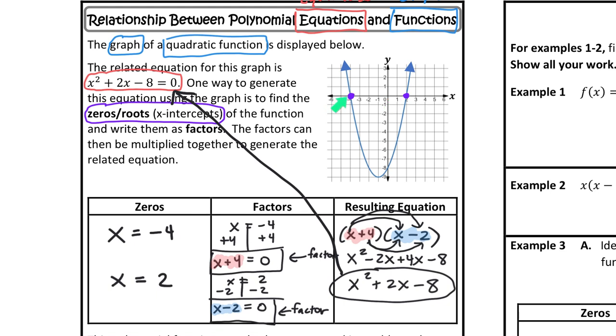The x-intercepts were -4 and +2. Then we're making these x-intercepts equal to 0 by doing the opposite. Opposite of a negative is adding, opposite of a positive is subtracting, giving us these two factors. Then we're writing these two factors, kind of multiplying them, and after you multiply them and combine like terms, we get the equation above.